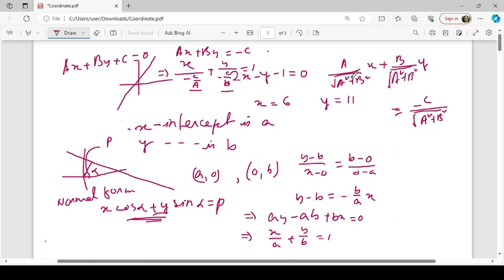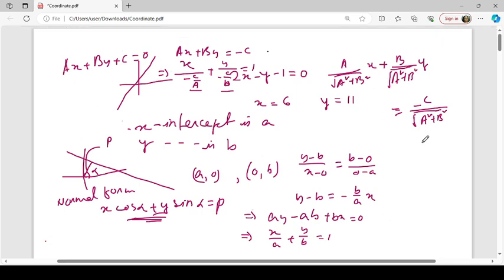Then this is cos alpha, this is sin alpha, and this is p. So when we have to find the distance of a line ax plus by plus c from the origin, our distance is this one, minus c by root over a square plus b square.